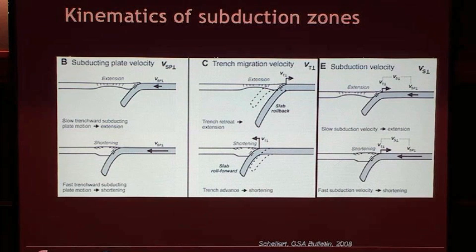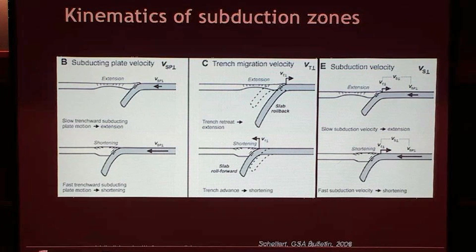So this shows two different types of back arc environments. You can have forward plate motion. You can have trench retreat. There's the outline of where the slab was previously, or you can have even trench advance in some cases. It's possible. And then the subduction velocity is the combination. This is the rate at which plate material is recycled and removed from the surface.